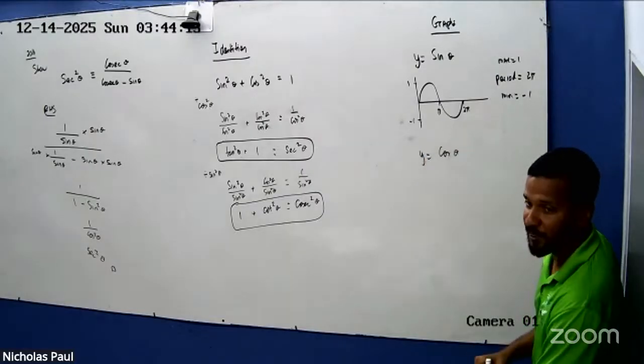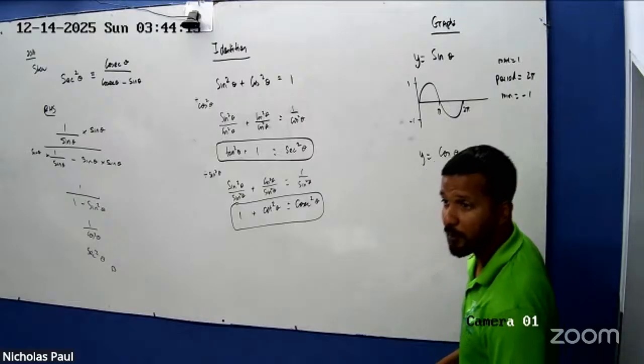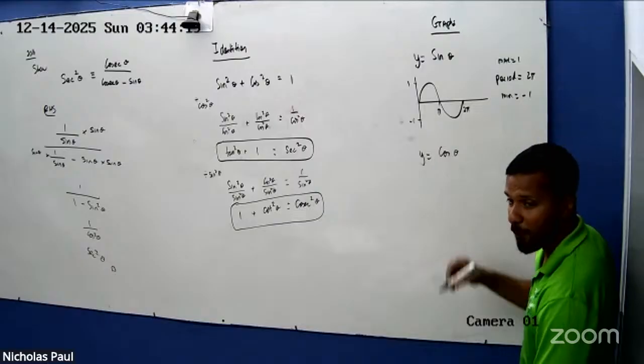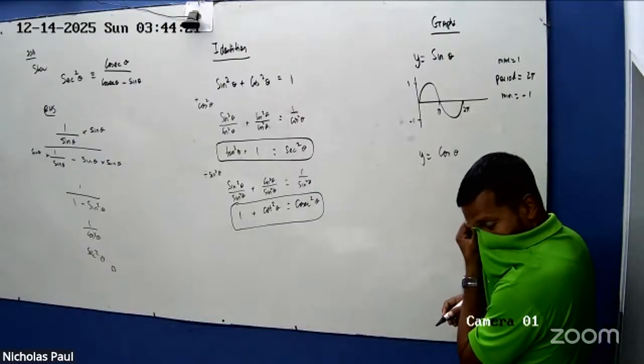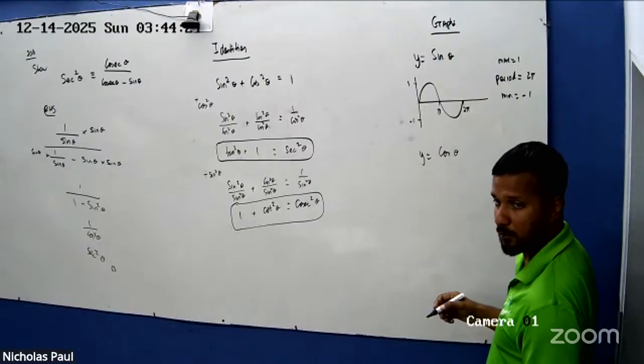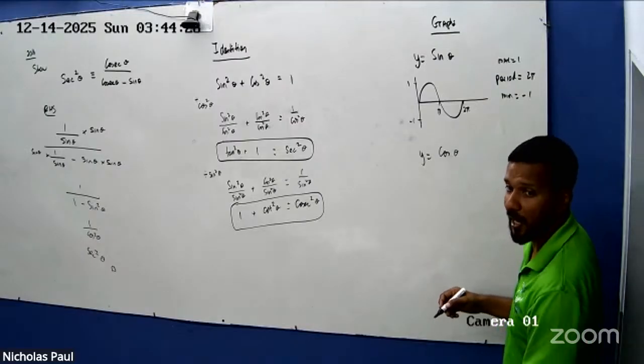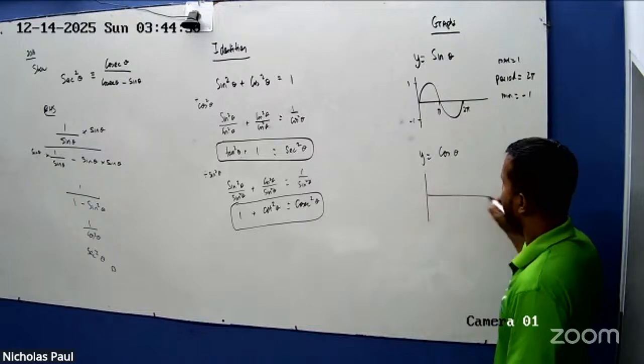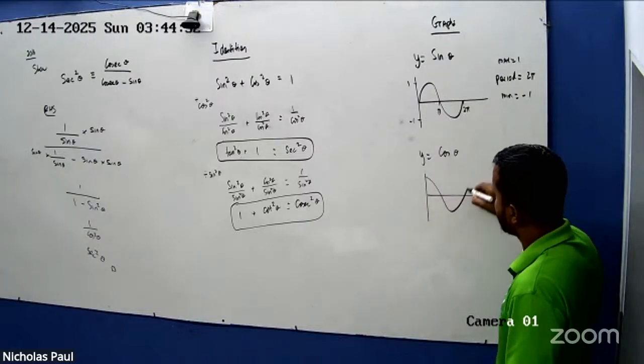What does the cos graph look like? Same shape, you just shift it, right? How much are you shifting it in pi? Pi on 2. So your graph will look like this.